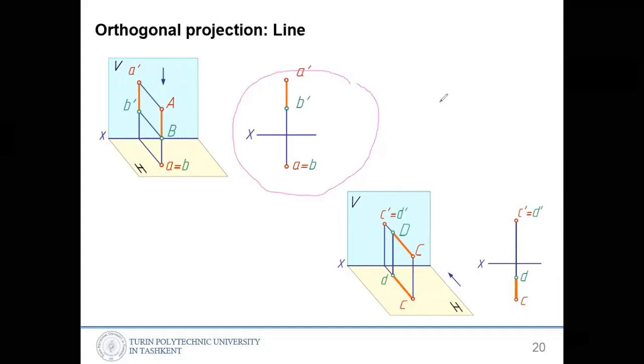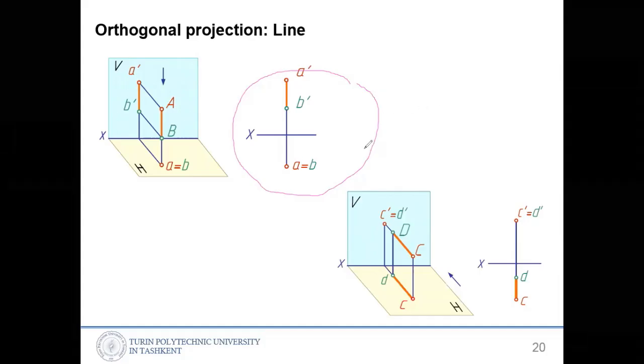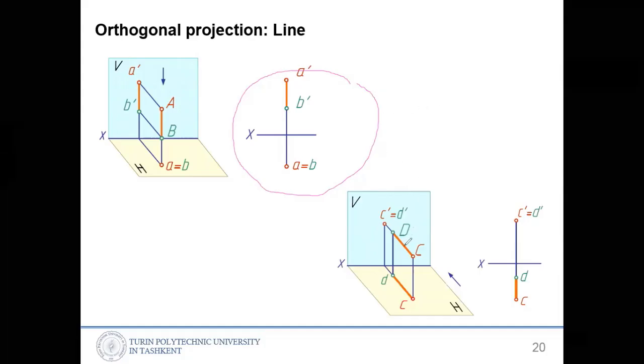Okay, so it's a profile plane. And if the line is perpendicular to the V plane, it will be something like this. If you see from this side, you will see only one point, C dash and D dash are equal, and from the top side you will see a line, the CD line, like this. That's this one in reality.